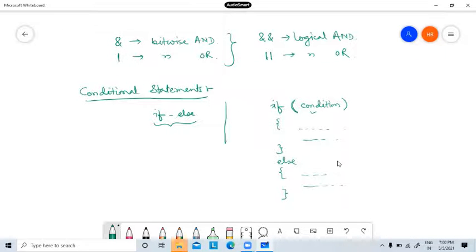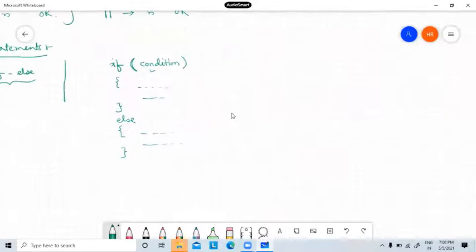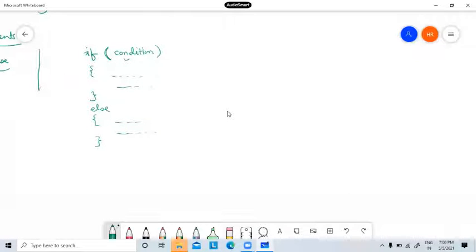So this is the syntax for any conditional statement. If, within left and right parenthesis, you write the condition, then within brackets you write the part which will be executed for this condition, and then the else part.